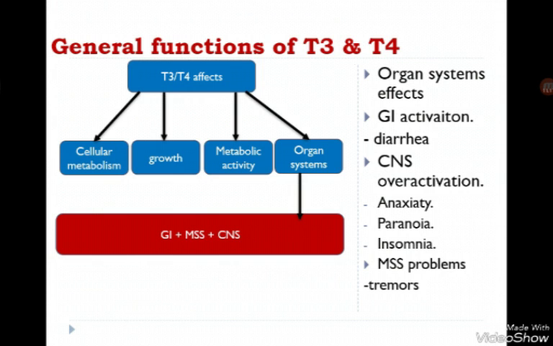It affects the GI tract by activation of all activities of the GI tract. That's why hyperthyroidism may sometimes cause diarrhea, and hypothyroidism can cause constipation. It also activates the central nervous system, causing overactivation that may result in anxiety, paranoia, and insomnia.